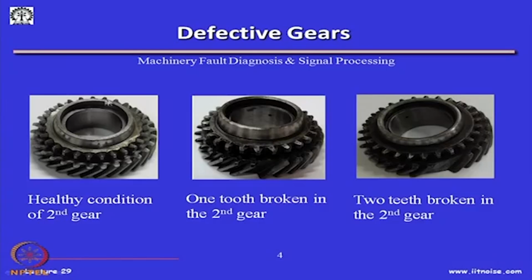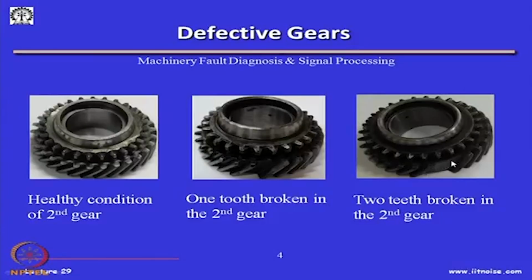I will just show you another type of gearbox, and these are some of the defective gears. For example, this is from some experiments which we are doing in the laboratory, wherein we could artificially seed faults in the gear by a wire EDM machine, because these are very hard, and normal milling operations you cannot perhaps cut this and remove the gear tooth.